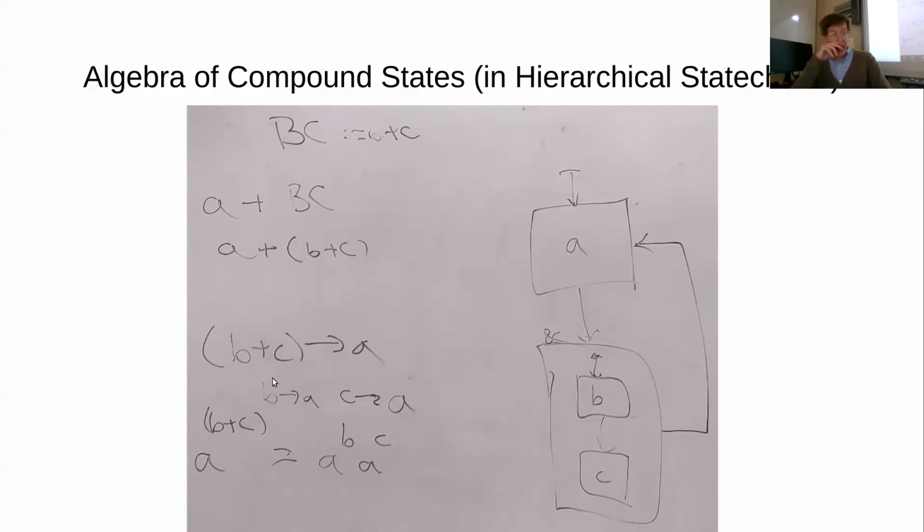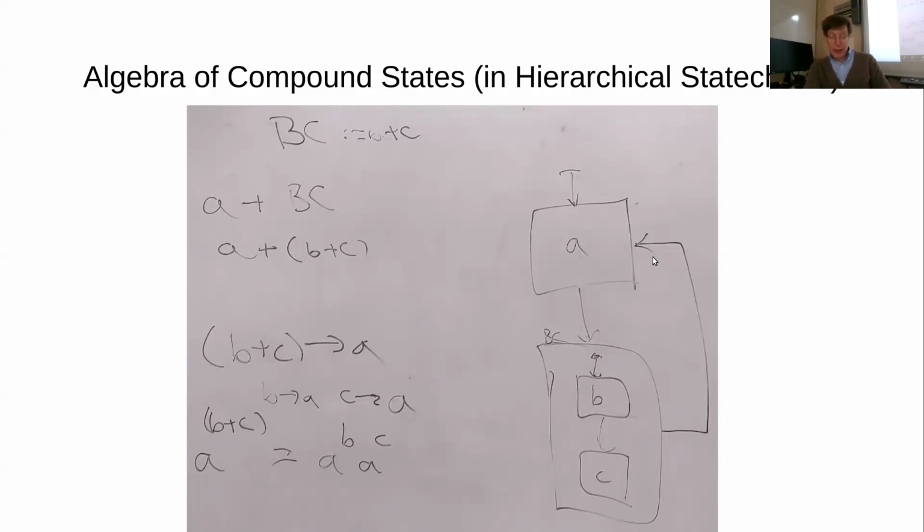If you have a disjoint union or coproduct, B plus C, then specifying a way of going from either B or C to A is the same as specifying a way of going from B to A and a way of going from C to A. So it's the same as specifying a transition from B to A and from C to A.